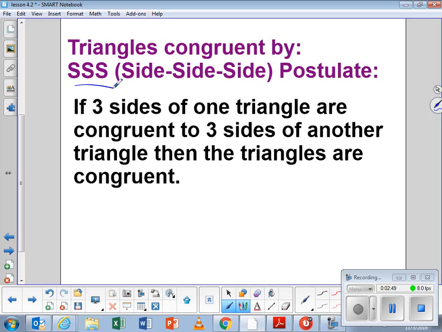That's what this postulate is saying, that no matter how you configure your 3 sides, if your 3 sides are the same length as someone else's 3 sides, your triangles will be congruent. They'll have the same angles, and they'll have the same length sides. That's what this says.